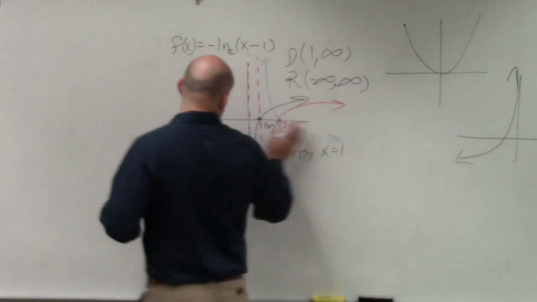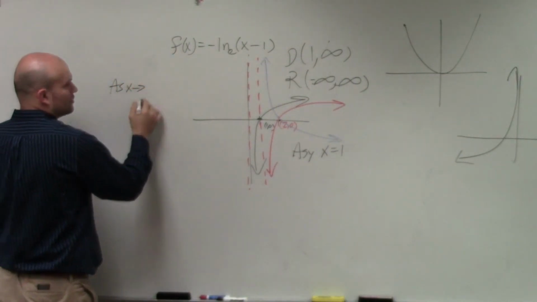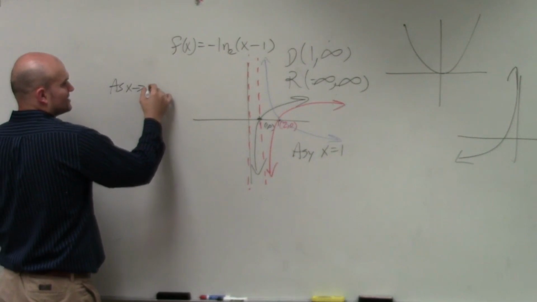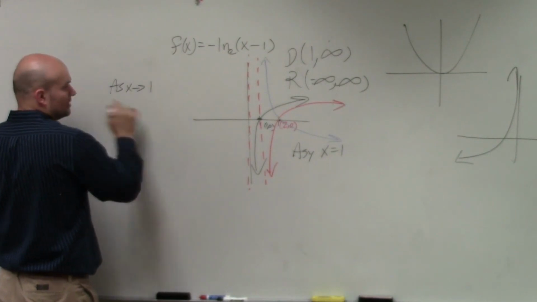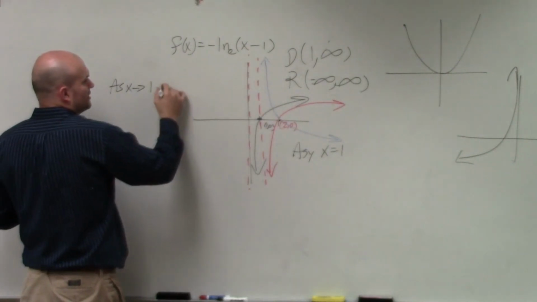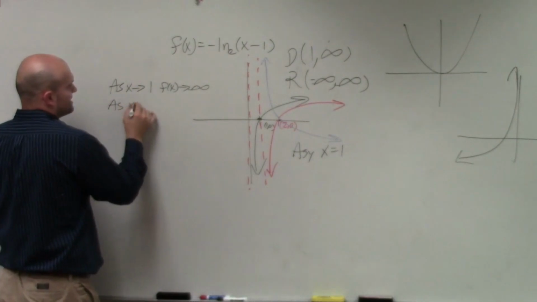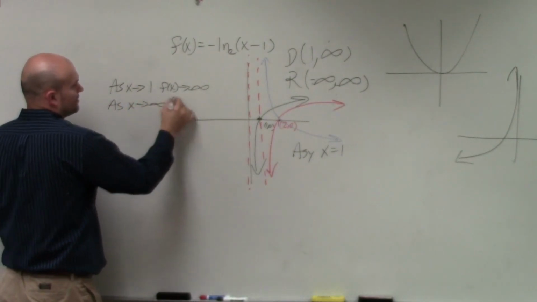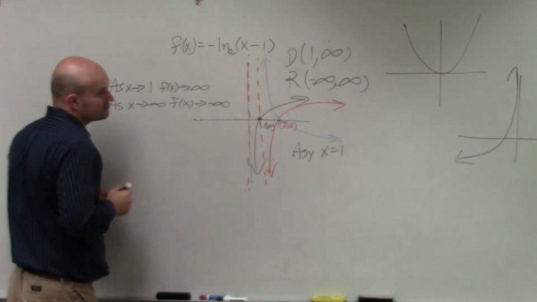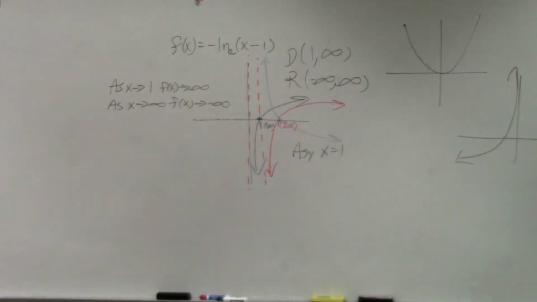Here you can see that as x approaches 1, we're not going to negative infinity, so f of x approaches infinity. And as x approaches infinity, f of x approaches negative infinity. OK? And then that's it.